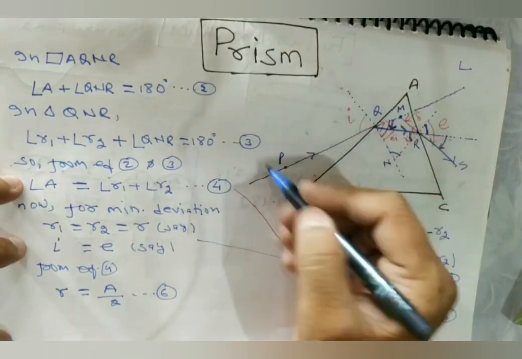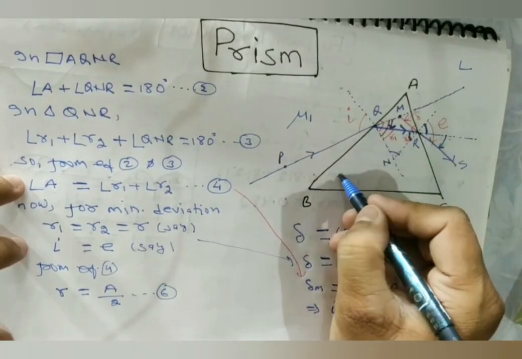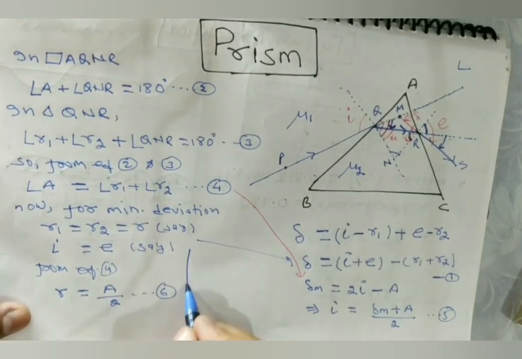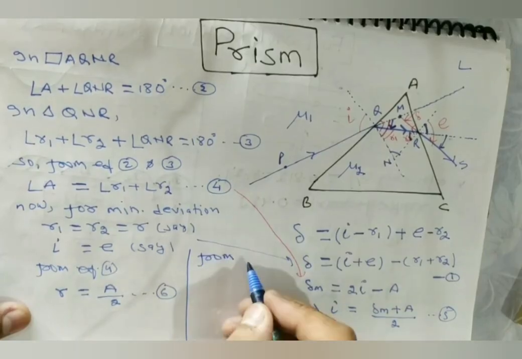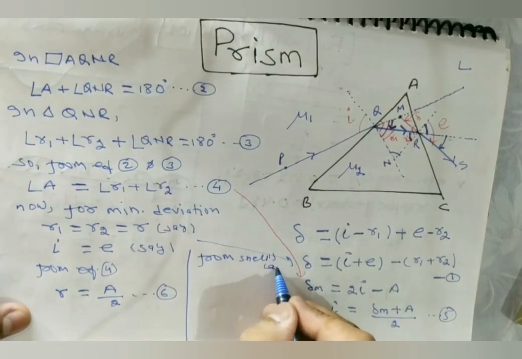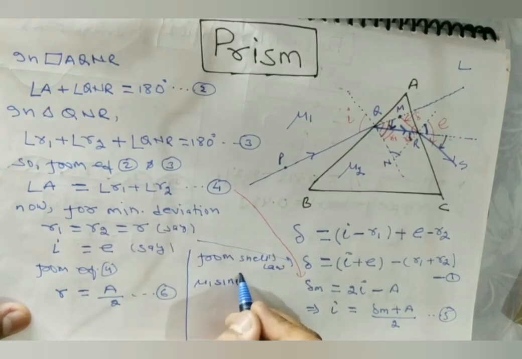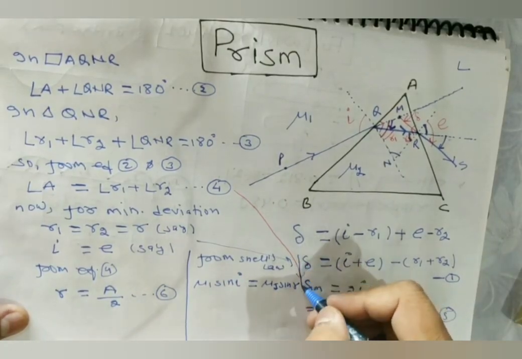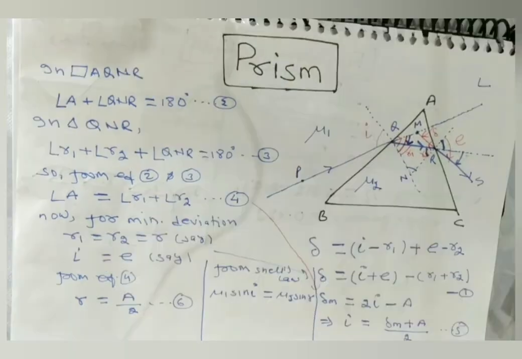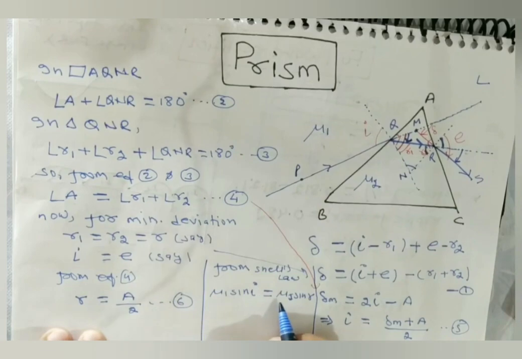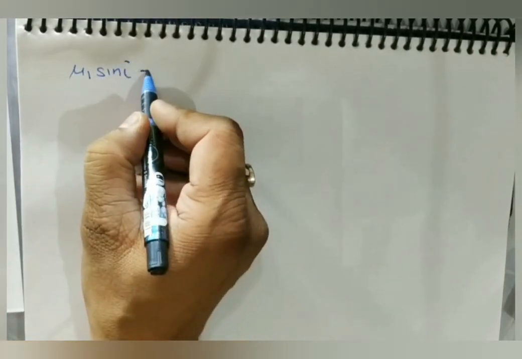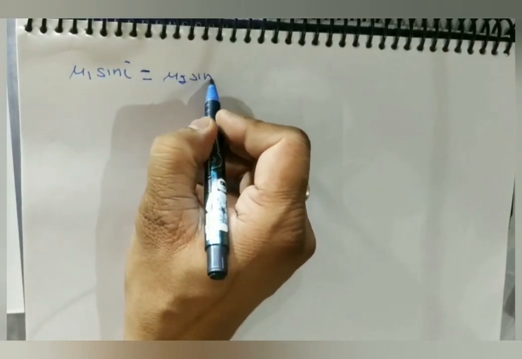Let the refractive index of this medium be mu1 and the refractive index of the prism be mu2. Then from Snell's law, mu1 sine I must be equal to mu2 sine R. Now, here we have mu1 sine I equal to mu2 sine R.